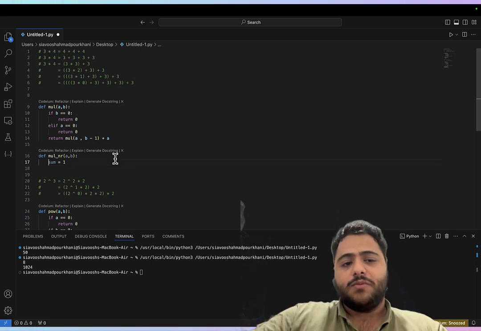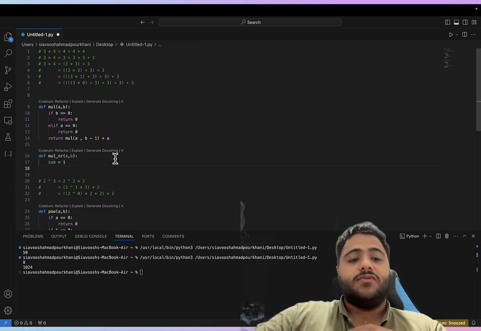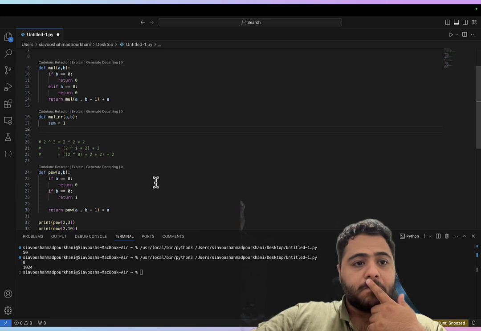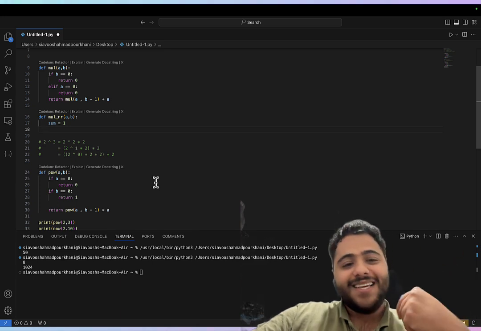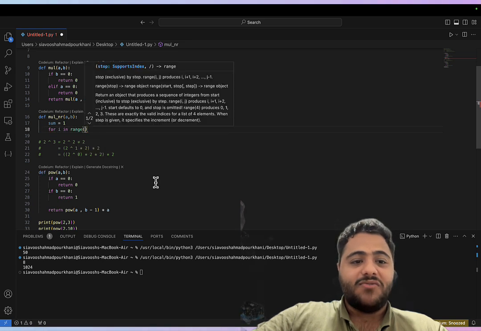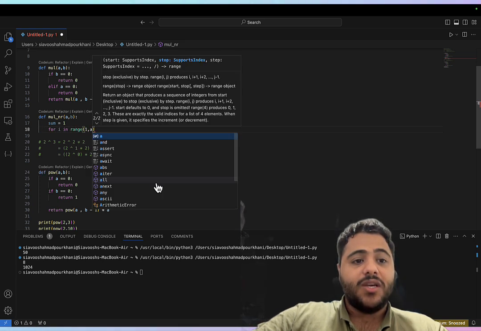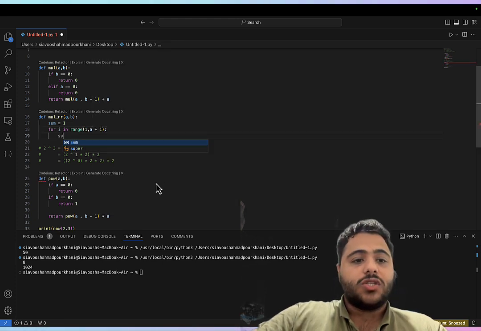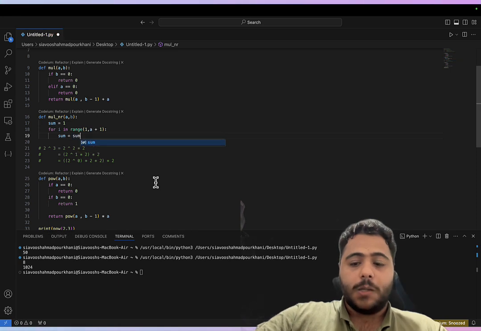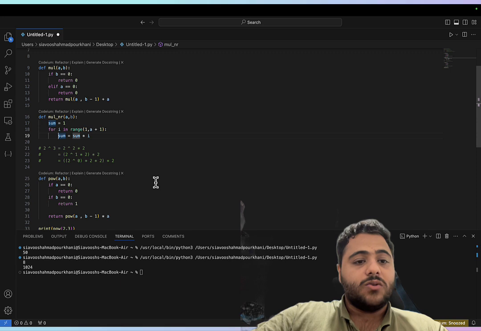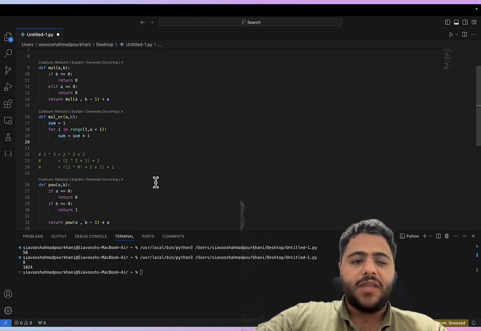So I'm going to assume that sum is 1 from before, and for i in a range of 1 all the way up to a itself, so a plus 1, just multiply sum by i and assign it to sum, so it simply updates the sum.